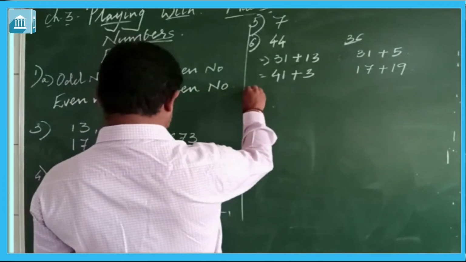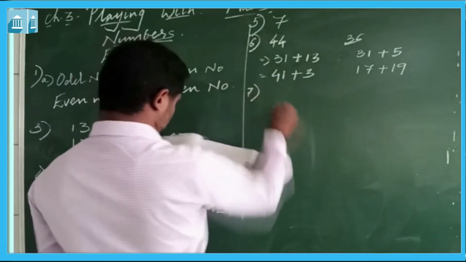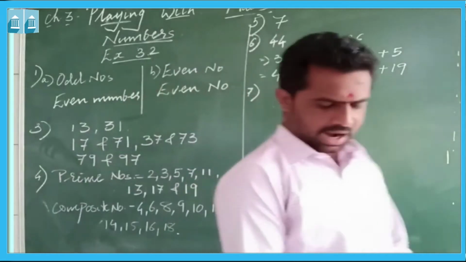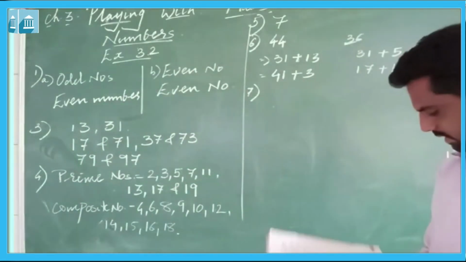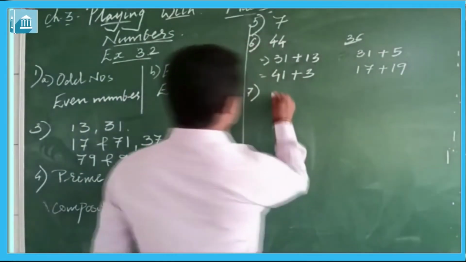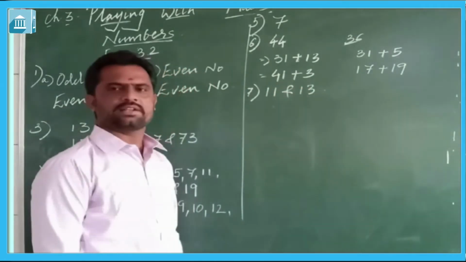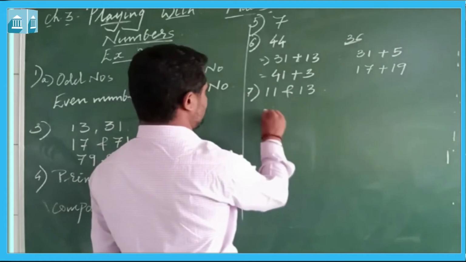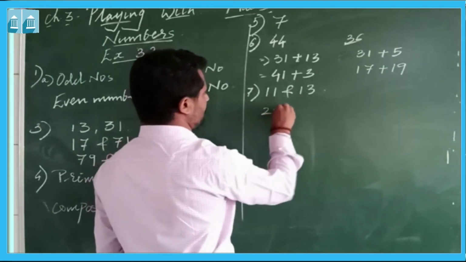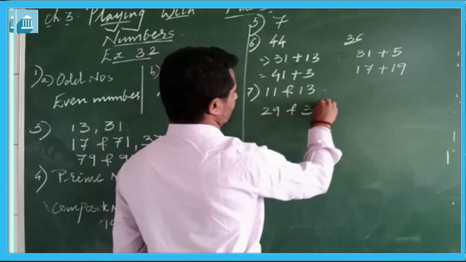Now question number 7. Give three pairs of prime numbers whose difference is 2. You see 11 and 13, whose difference is 2. Then we can say 29 and 31.